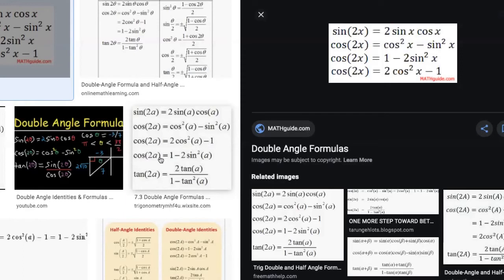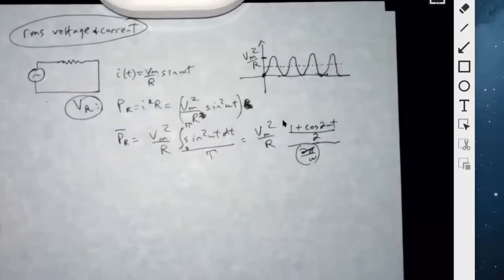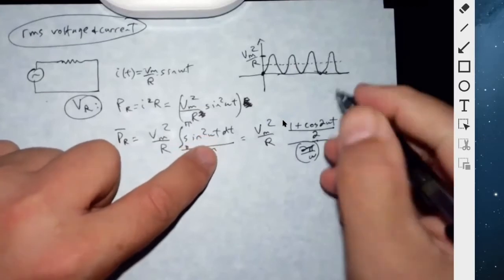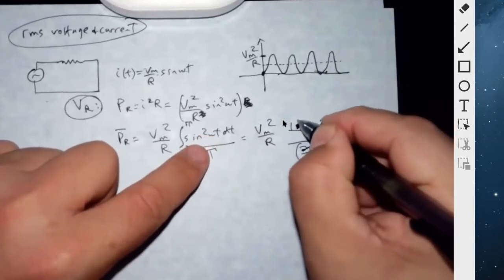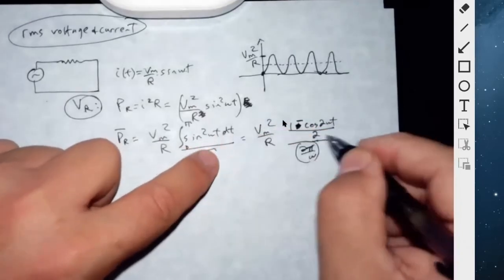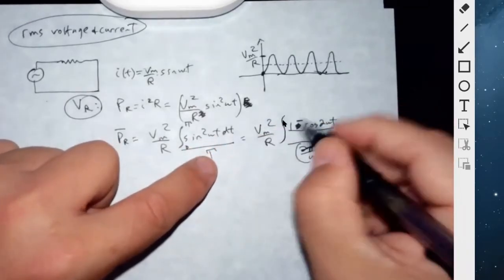So when we want to integrate sine squared, one of the things we do is use the double angle formula. It's 1 minus cosine of 2 omega t over 2. Now we can integrate that.